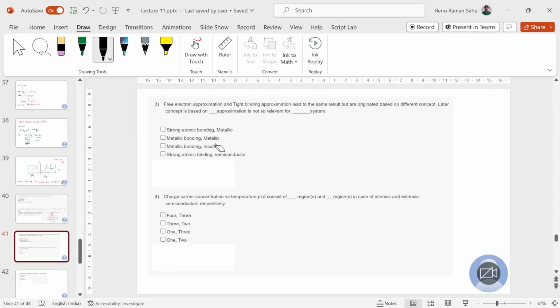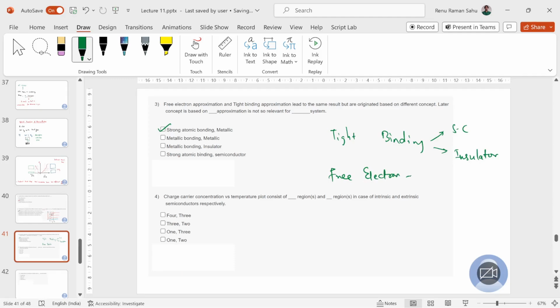No. See, tight binding is relevant for semiconductors and insulators, not for metallic systems. For metals, free electron is the one. So tight binding is good for semiconductors and insulators, and free electron for metals.